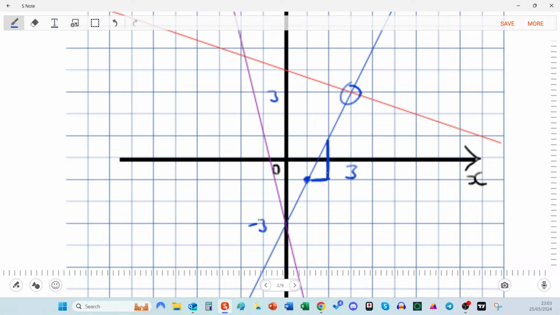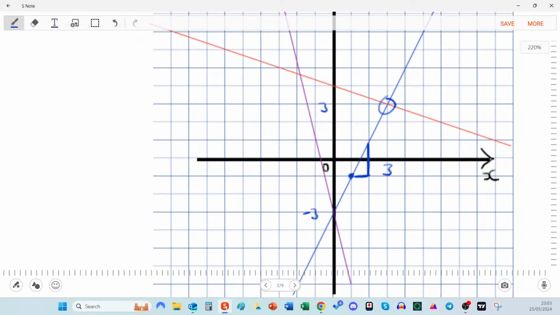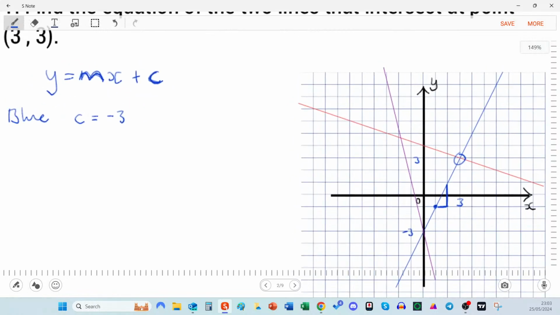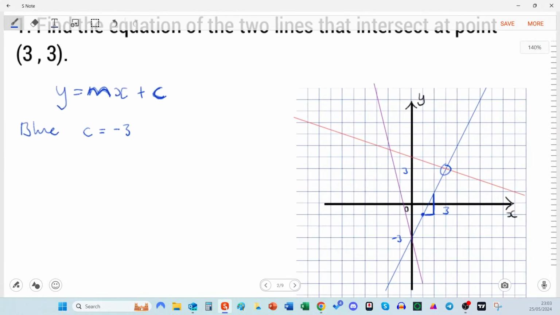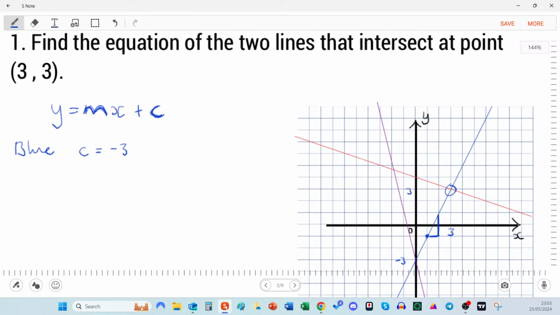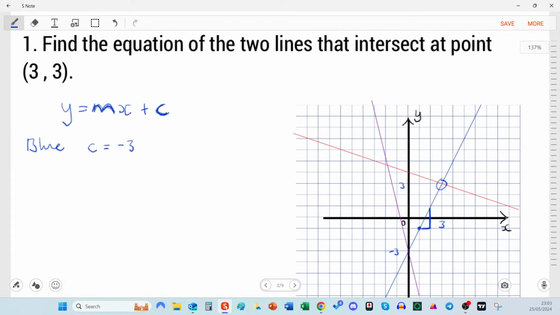First of all, you see if it goes up, it's positive. So it's positive 2 is what we're looking at there. Actually can't see it very well. Let's put it over here. Anyway, this is fine. So if this goes across 1, it goes up 2. So we can say that the gradient is 2.